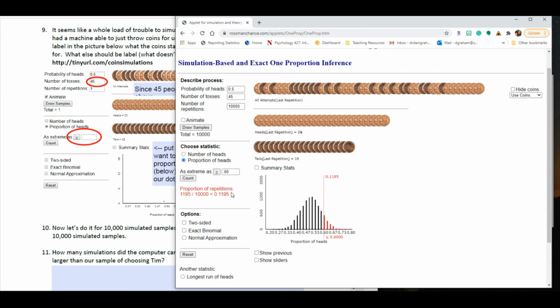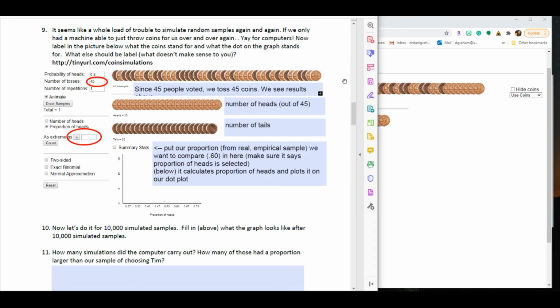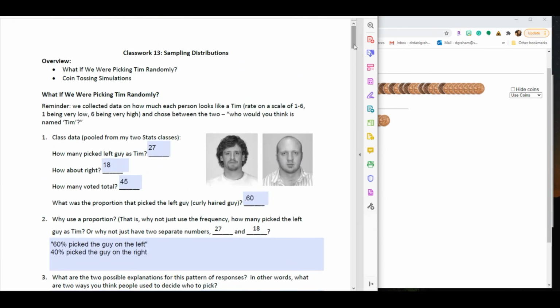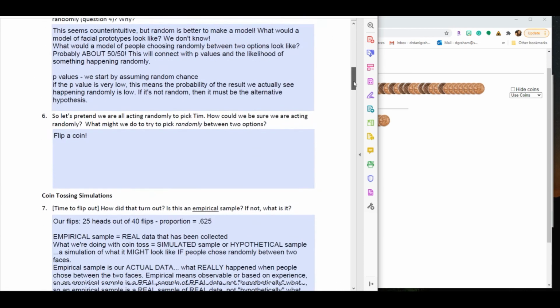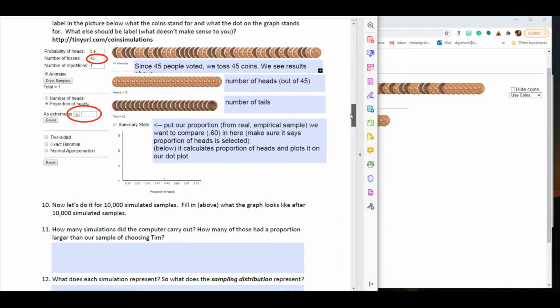So that means about 12% of the time, if we figure out that proportion, how many times it happened out of how many times total. So about 12% of the time, if we were to flip 45 coins randomly, we would expect to see a result like our real result.